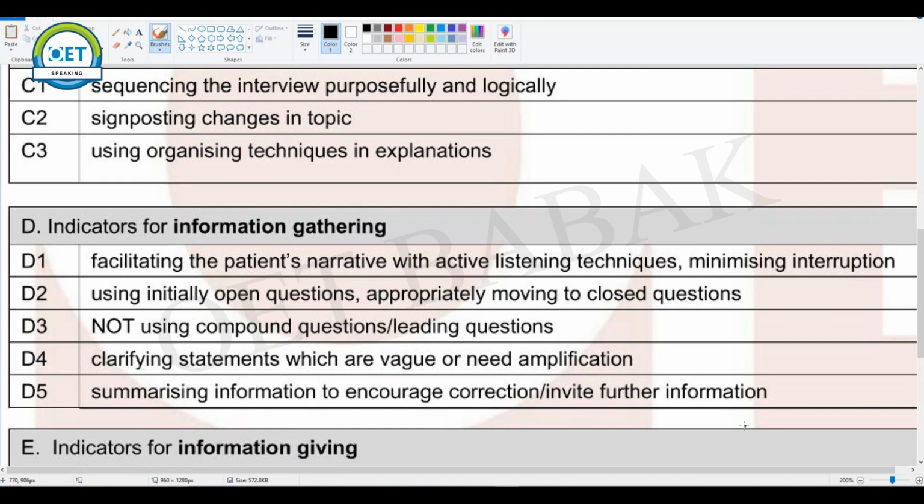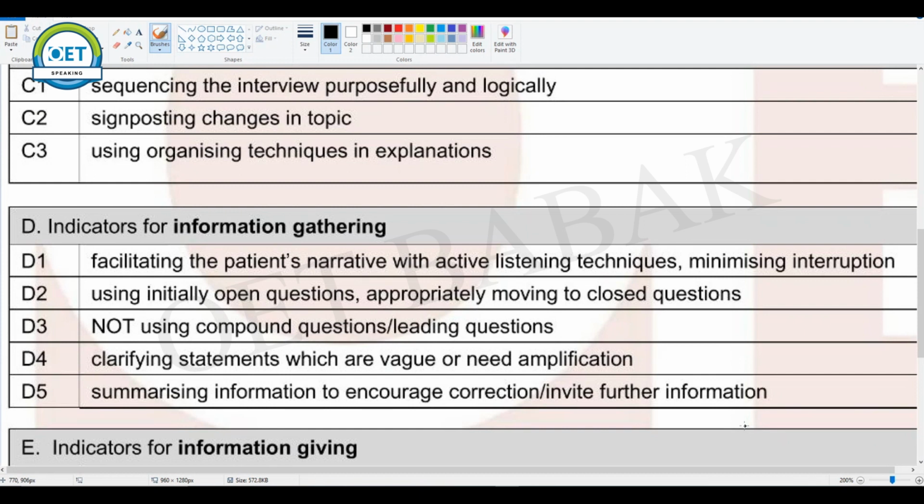Next one is using initially open questions, appropriately moving to closed questions, and that is what I'm saying. The OET people are nearly obsessed with this, and so they basically look at information gathering.